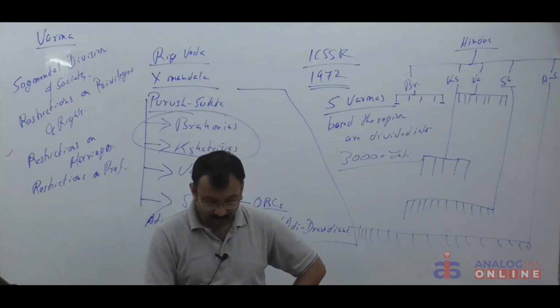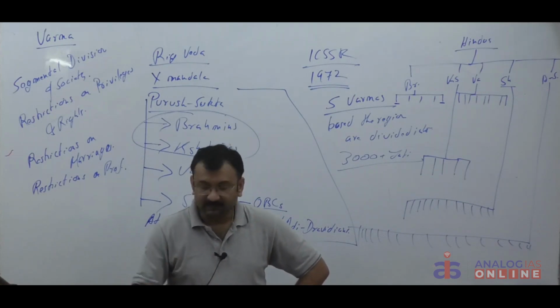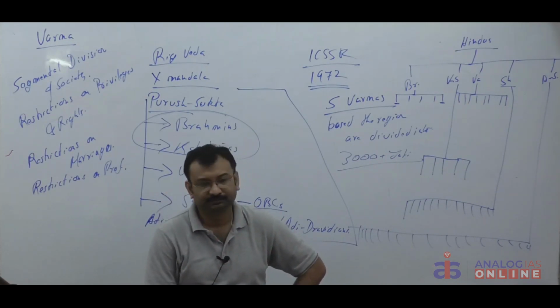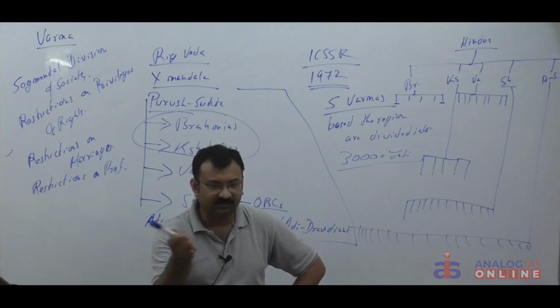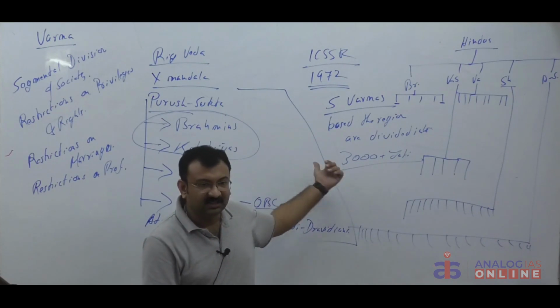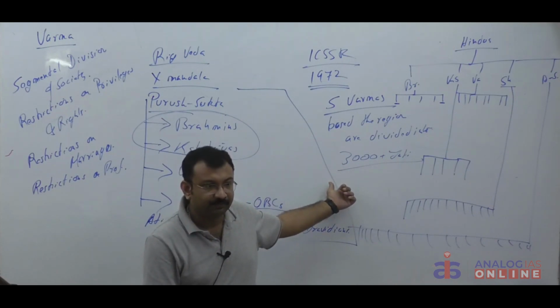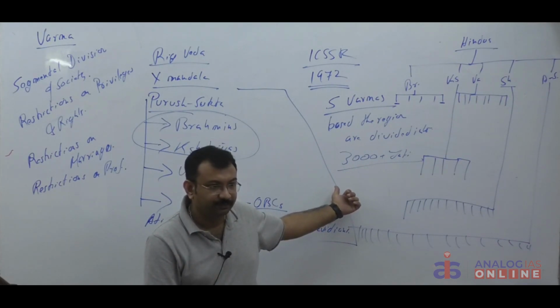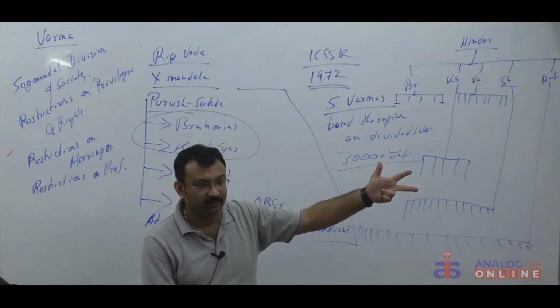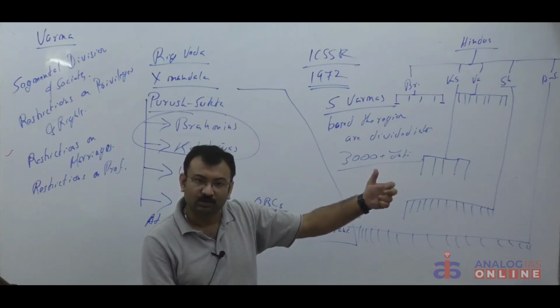Point number 2, that you have to remember a lot of thinkers, so many names. Without the names, can you write the answers of your GS? Just now, while studying one particular concept, LGBTQ, I took 3 names. I took the name of Naz Foundation, Suresh Kumar Kaushal, and Navdeep Singh Johar. Without these names, will your answer be complete?